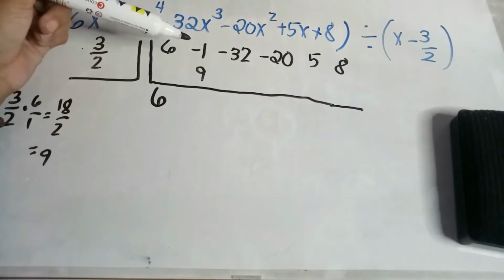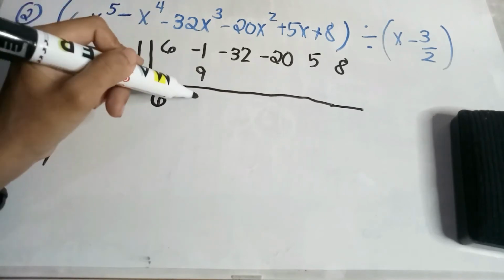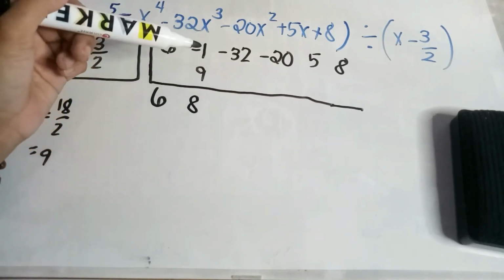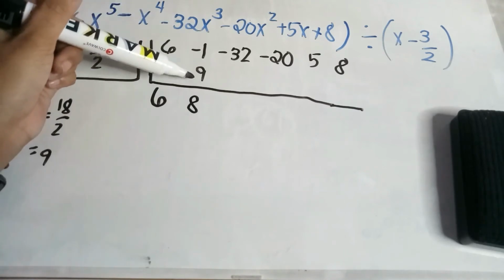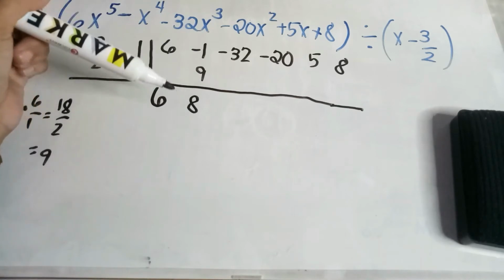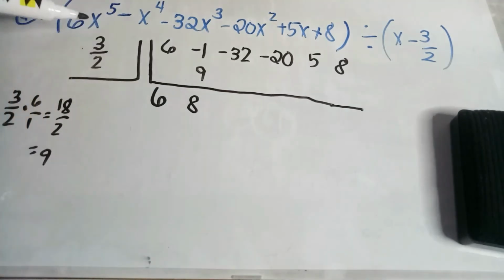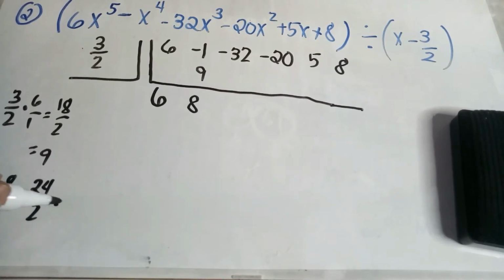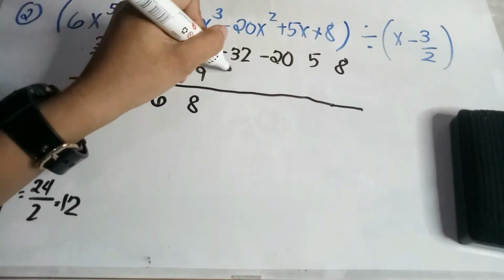So 9 minus 1 is equal to 8. Then copy the sign of the larger number, which is 9, that is positive. Then 8 times 3 over 2: 3 times 8 is equal to 24, then 2 times 1 is 2, then divide. So we have positive 12.